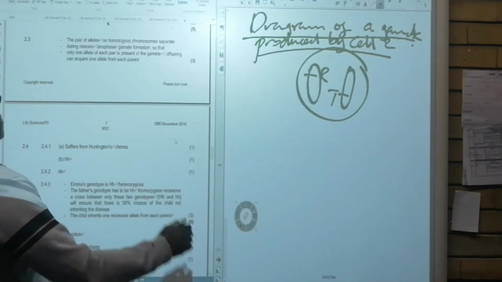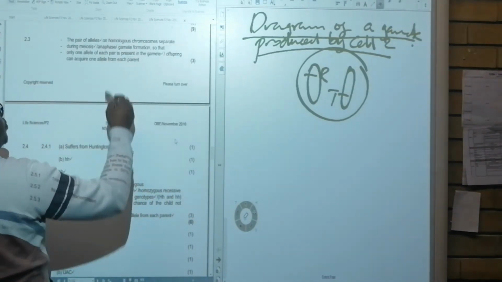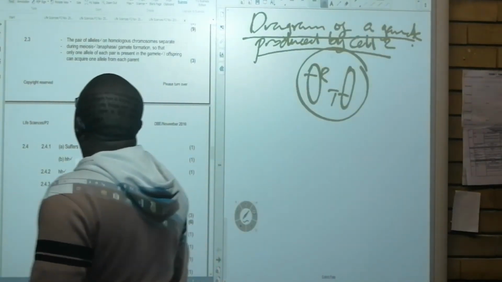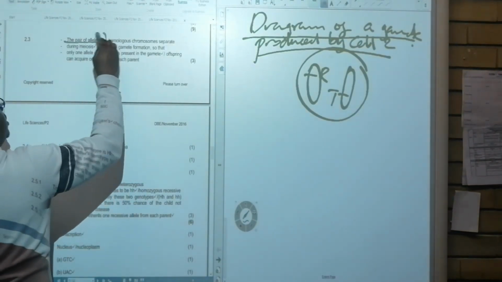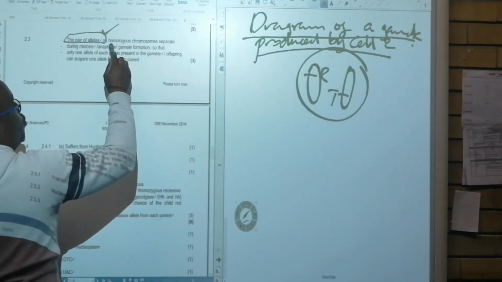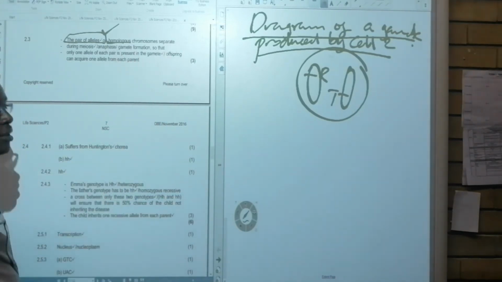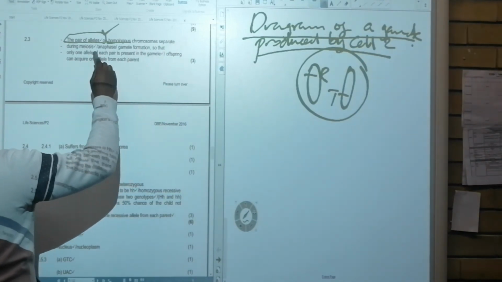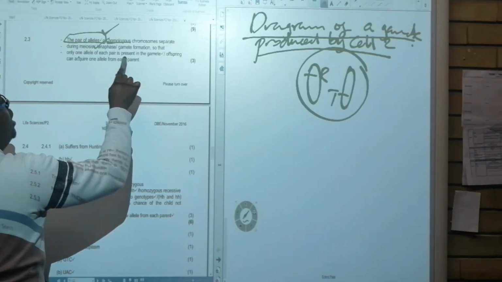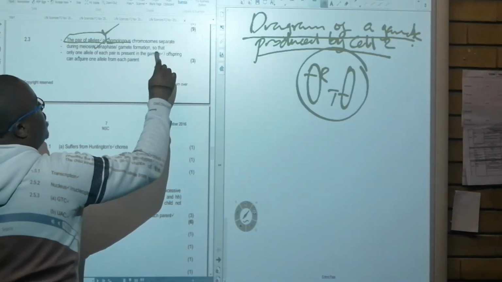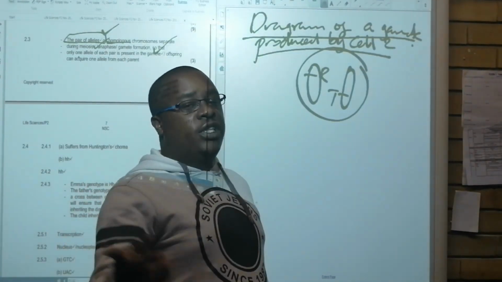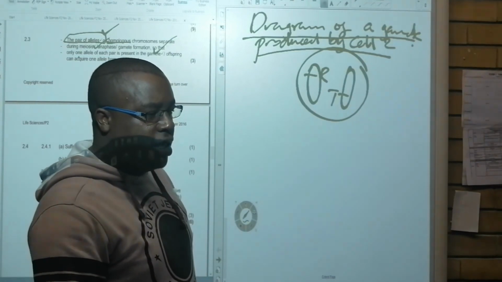A pair of alleles, tick, on homologous chromosomes. Homologous has to be there. On homologous chromosomes separate during meiosis, tick, so that only 1 allele of each pair is present in the gamete, tick. That is Mendel's law of segregation. Even the one I gave you, still fine, you will get your 3 marks.